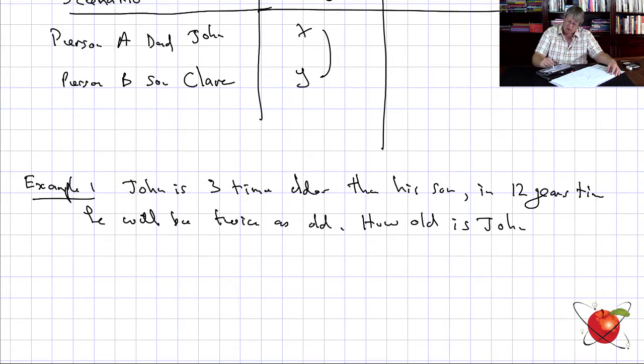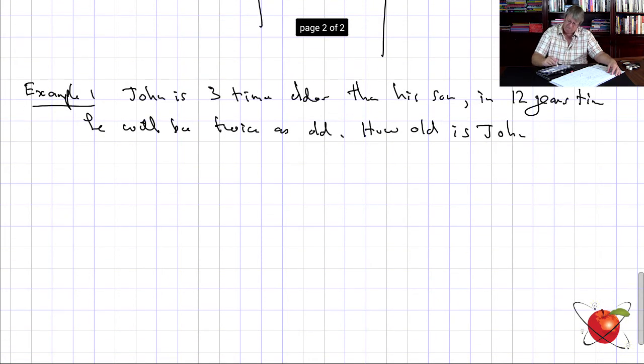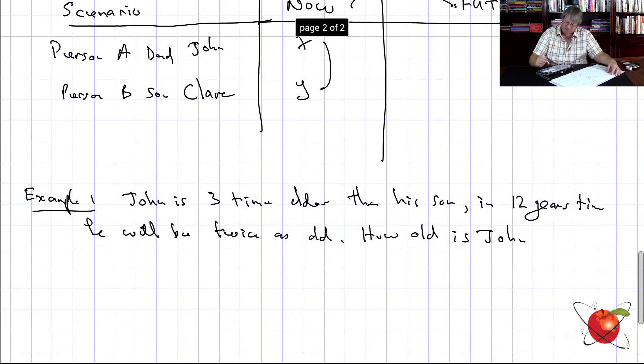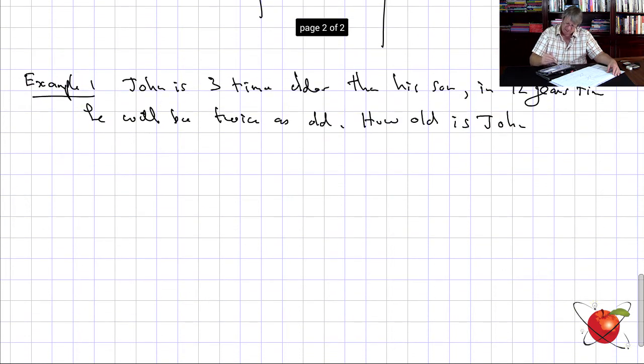Well, what did I say we do? First thing is when we read through it, we say John and his son. So it's an age problem because they're talking about years old. So for age problems, I go to my scenario over here.